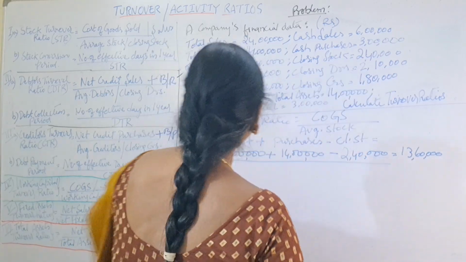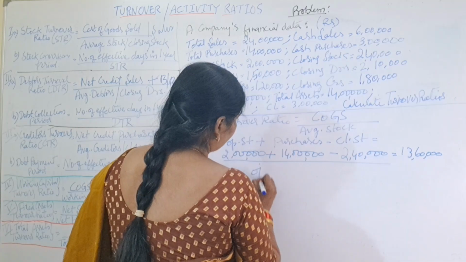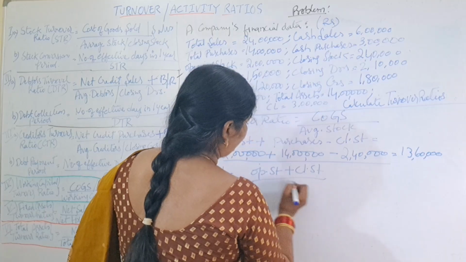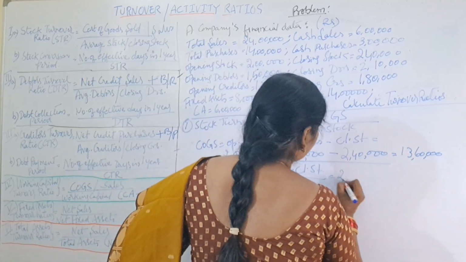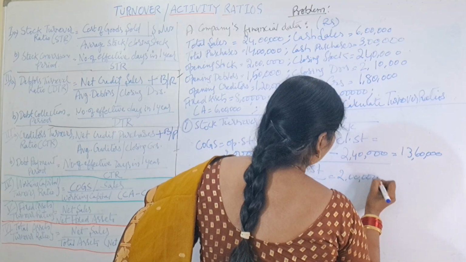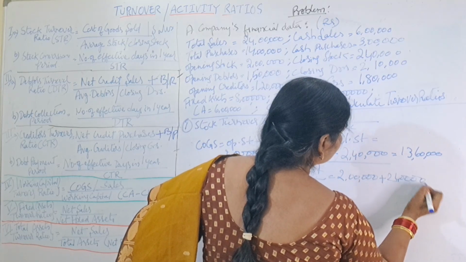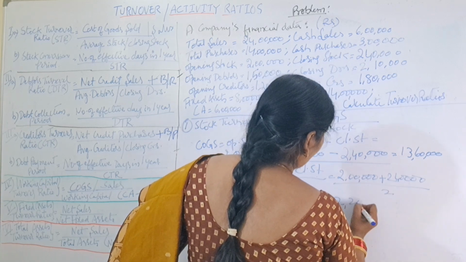So what is our average stock? Opening stock plus closing stock divided by 2. Opening stock is 2 lakhs plus closing stock 2 lakhs 40,000, divided by 2, it is how much? 2 lakhs 20,000.